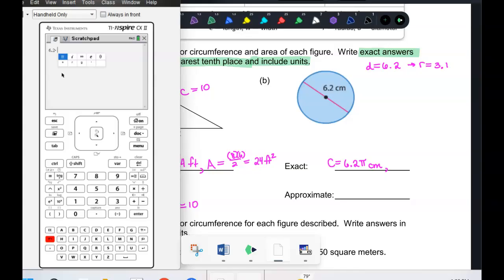It has all these letters here, and I, and infinity, and E, which you'll use in later math classes. But for this class, we're really just going to need pi. So I'm just going to press enter, and press it one more time, and it's going to multiply that out for me. I want to round to the nearest tenth place. So if it's 19.47, it's going to be 19.5.